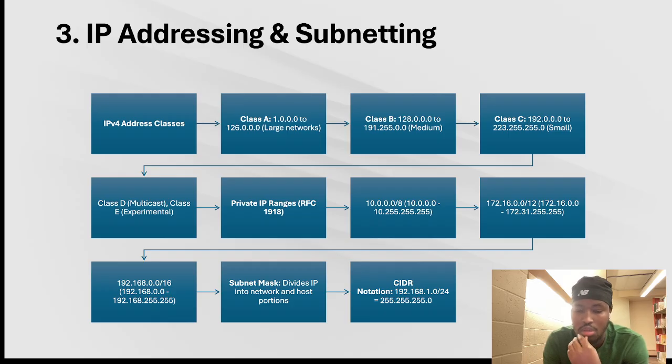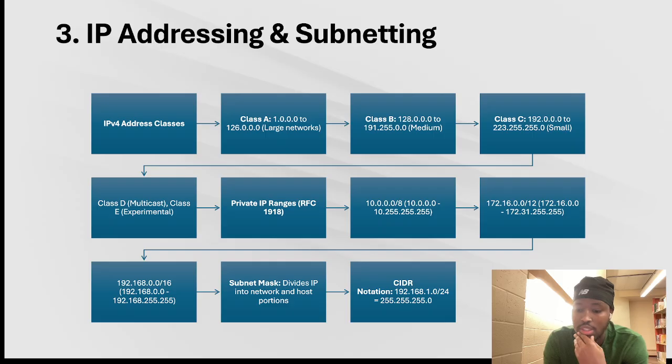Equally important are the private IP ranges, which is RFC 1918. There are multiple of them. These addresses are not routable on the public internet. They are used internally in organizations and in homes. The subnet mask, where is it? Right here.